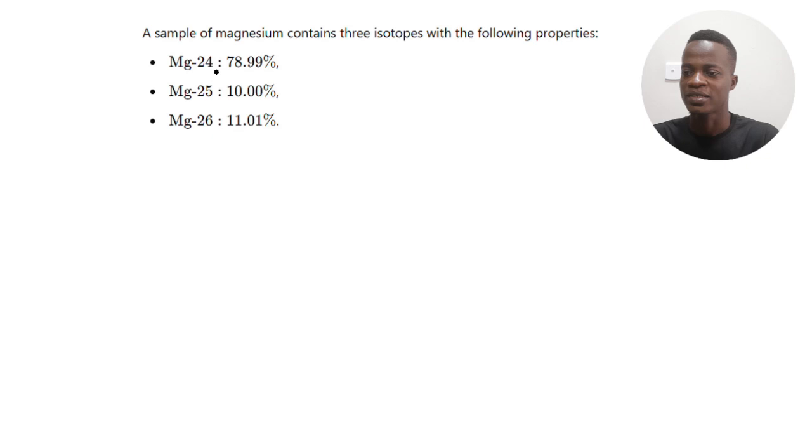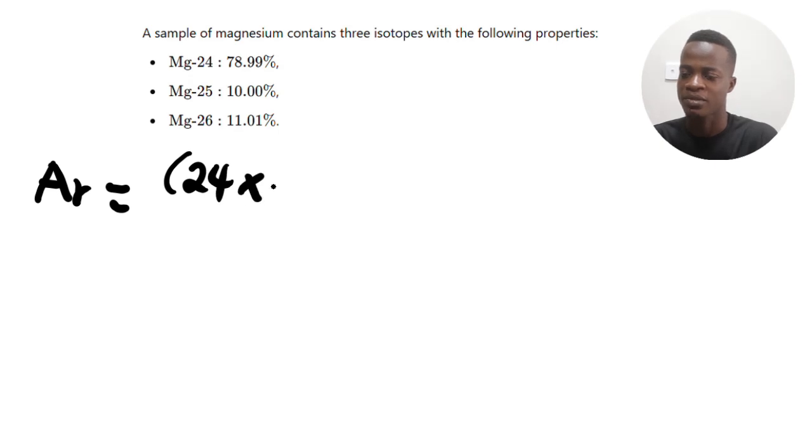Another example that we have: a sample of magnesium contains 3 isotopes with the following properties. So you have 3 isotopes of magnesium. I'm going to say the relative atomic mass of magnesium will be the mass of the first isotope, 24, times 78.99%, right?